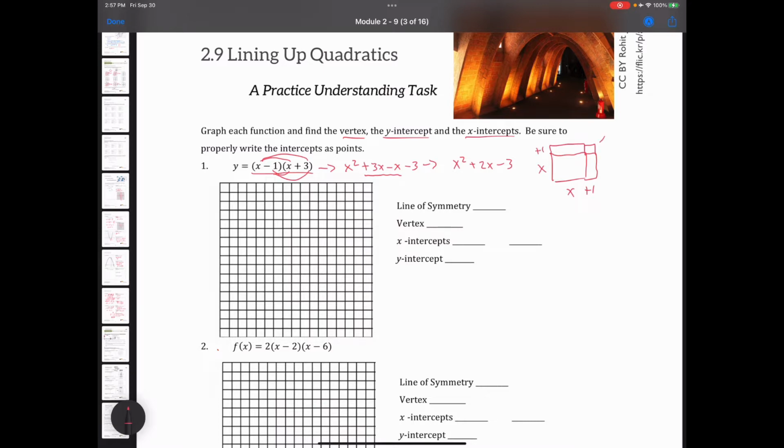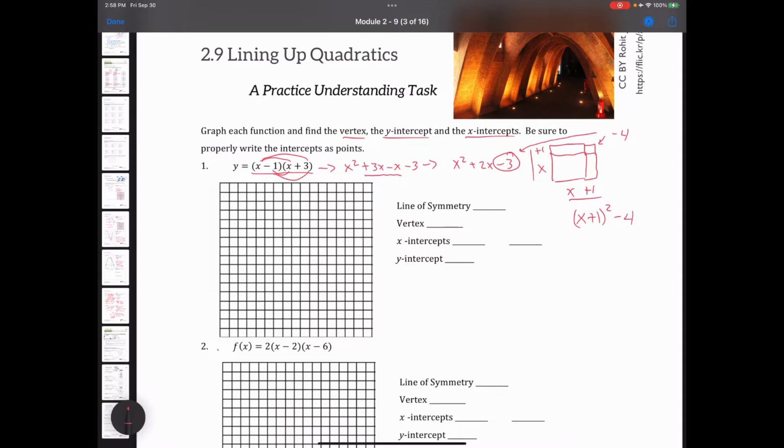So what do I have to do to this 1 to get to this negative 3? I would have to subtract 4 more unit blocks, right? So if I'm looking at the vertex form, this is my perfect square, x plus 1 times x plus 1, or x plus 1 quantity squared. But then to get it to this negative 3, I have to subtract 4.